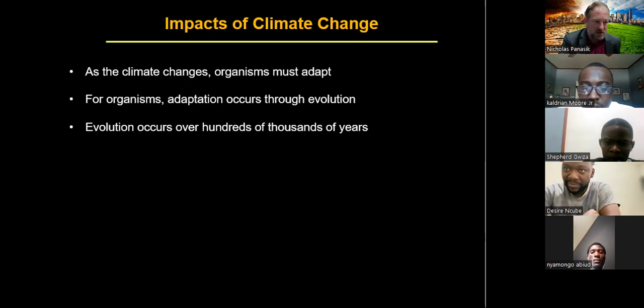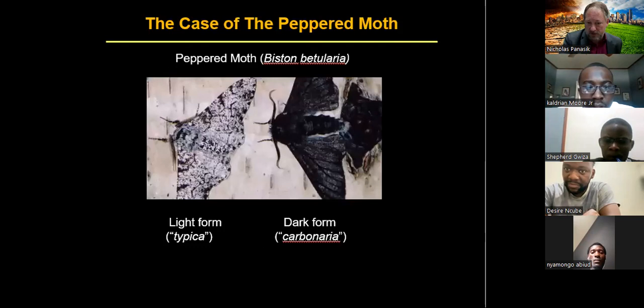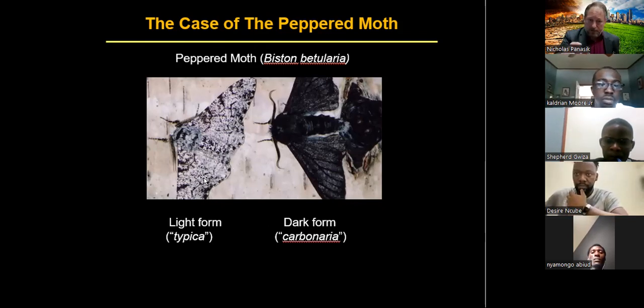So what I'll share with you now is what I call the case of the peppered moth. This type of moth, Biston betularia, is in Northern Europe. There are different alleles for how much color production is in their wings and for their patterning.